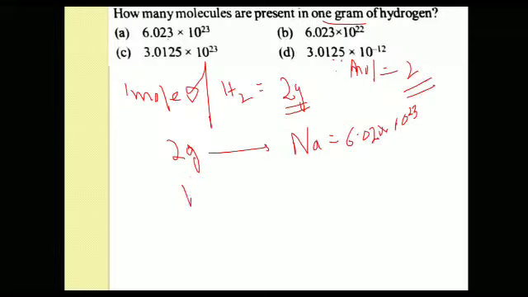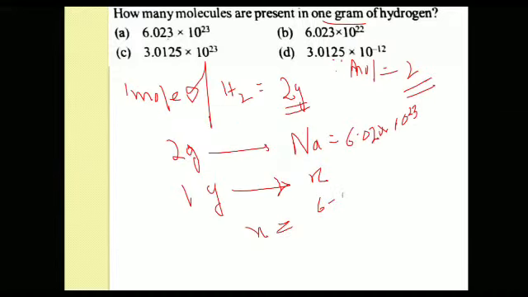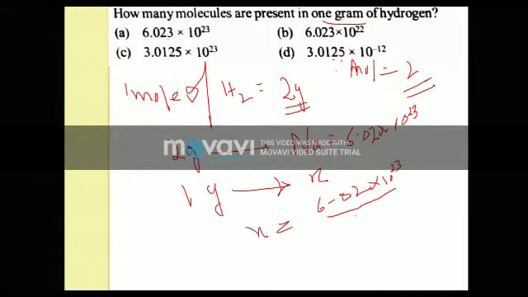So 1 gram will have some value x, where x is equal to 6.02 × 10^23 divided by 2.